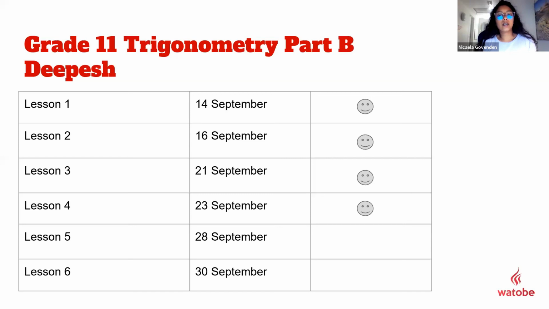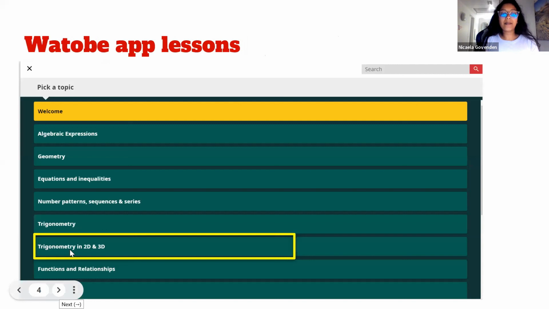Okay, so we are done with our lesson 4. Next lesson is next week. That's going to be lesson 5. And as Deepesh said, you guys have a lot of homework. You're going to look for trig in 2D and 3D.